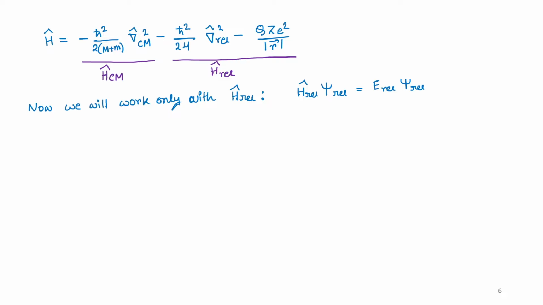This will be our time independent Schrodinger equation for the hydrogen atom. So this is what we are trying to solve. So far what we have done, we have reduced from six. We were having 6 variables. Now we are having 3 variables with respect to the relative motion part, and those are x, y, and z. So now it seems easy, right?